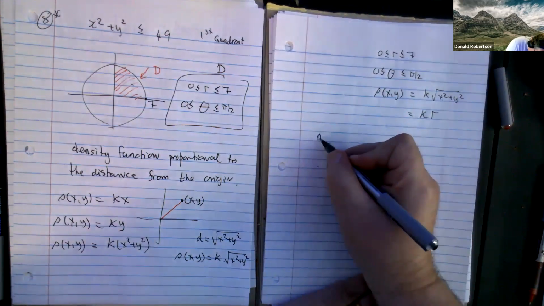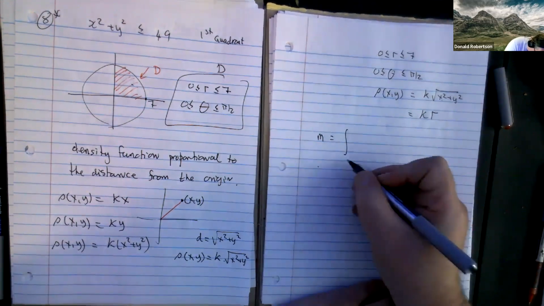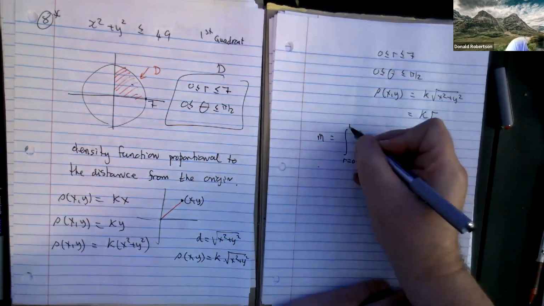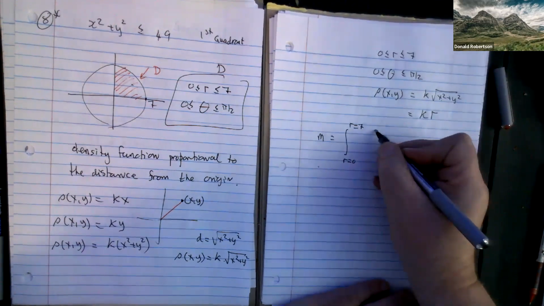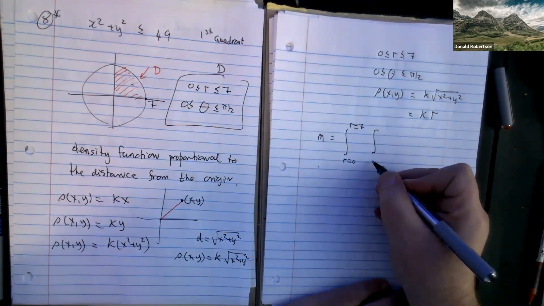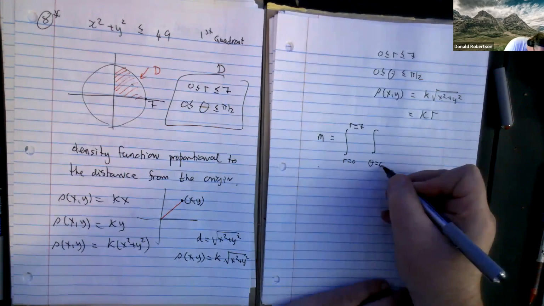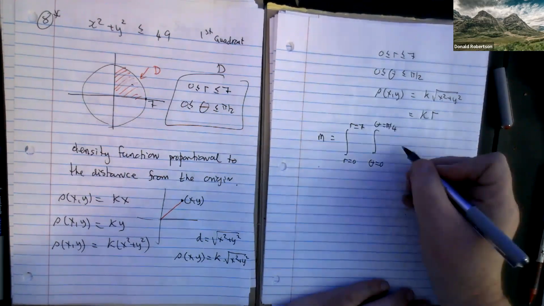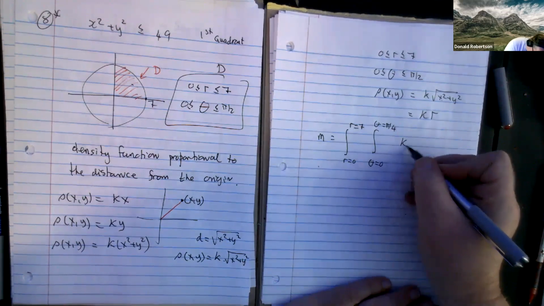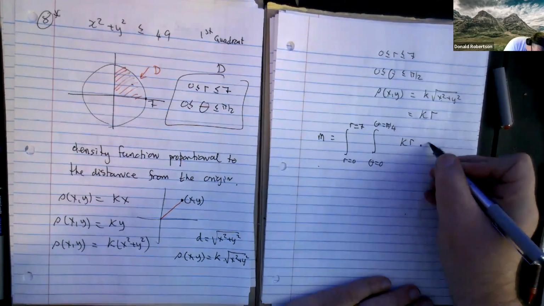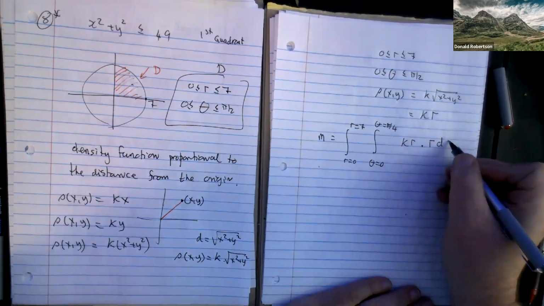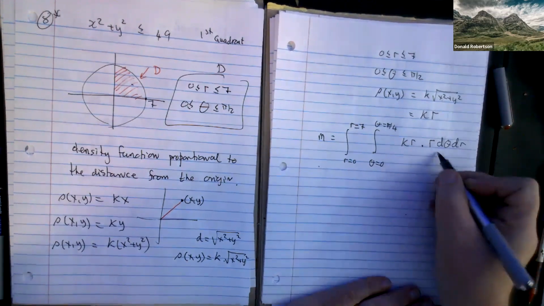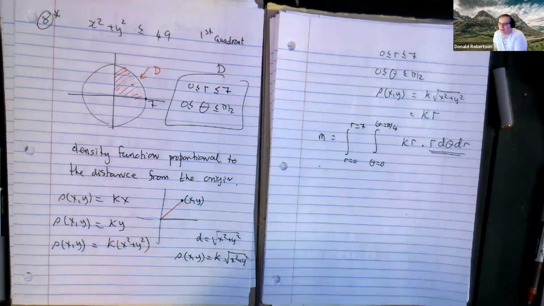So to get the mass, it's the integral from r equals 0 to r equals 7, the integral from theta equals 0 to theta equals pi over 2, the density function times r d theta dr. Do you see how I almost screwed that up?